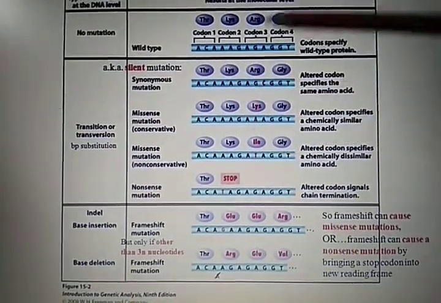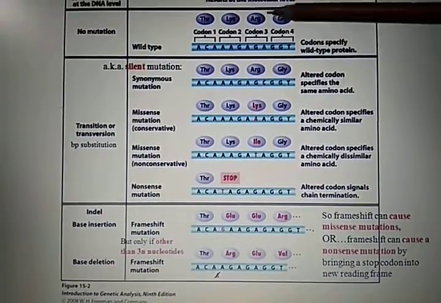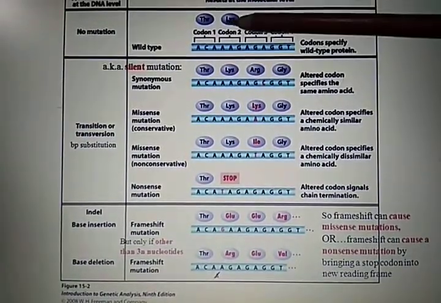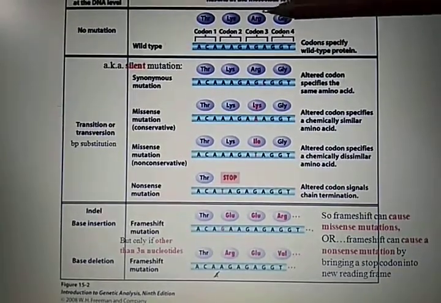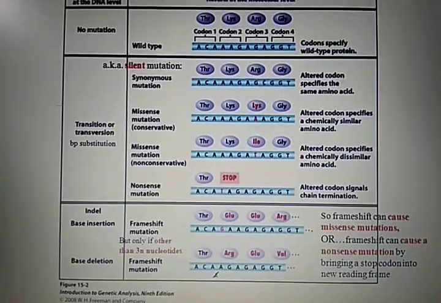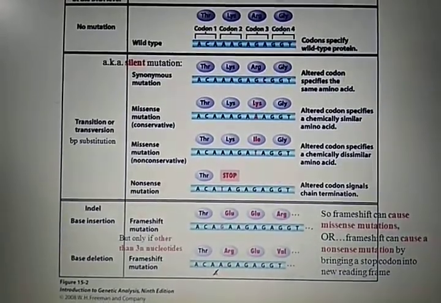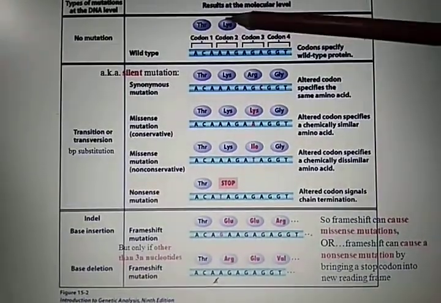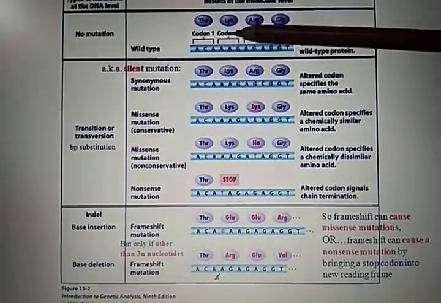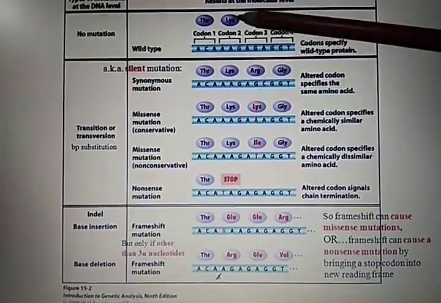Now this is the wild type, and if this wild type has a mutation which alters a codon and converts it into a stop codon, then this is known as nonsense mutation. For example, see, the second codon here, AAG, codes for lysine.